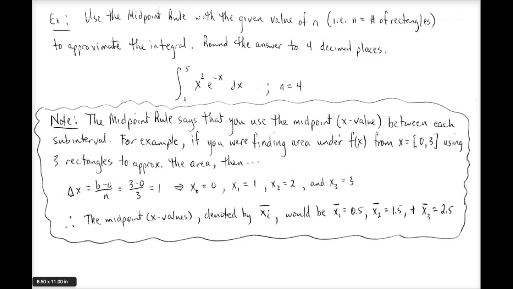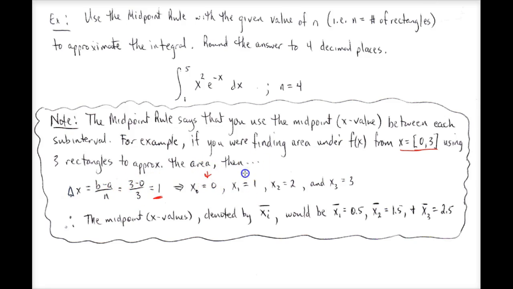The note that I have below says that the midpoint rule means you use a midpoint x value in each sub-interval for the height of your rectangles. The example I give, not what you're actually going to use in this problem, is from the previous problem. If we were looking at the interval from 0 to 3 with 3 rectangles, our delta x would be 1, because b is 3, a is 0, and the number of rectangles is 3.